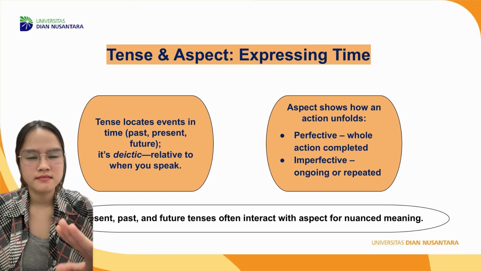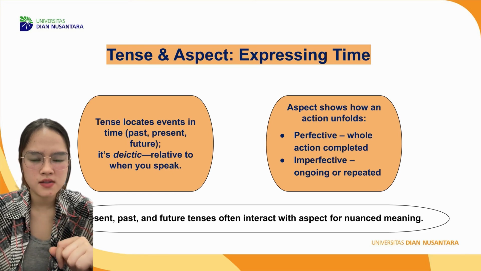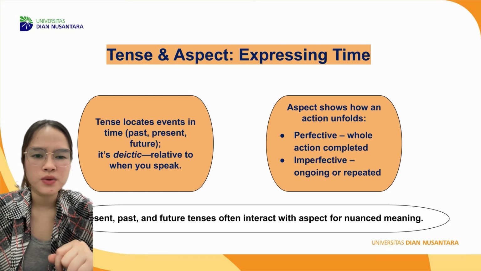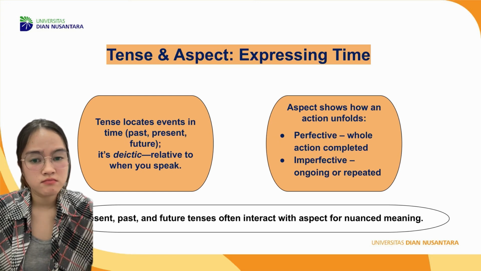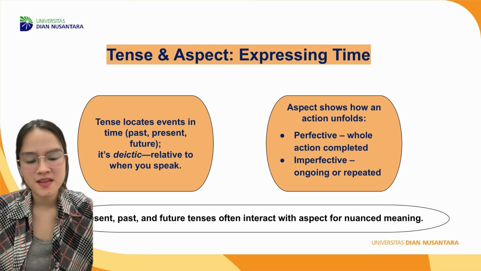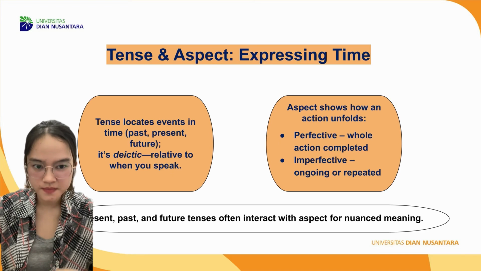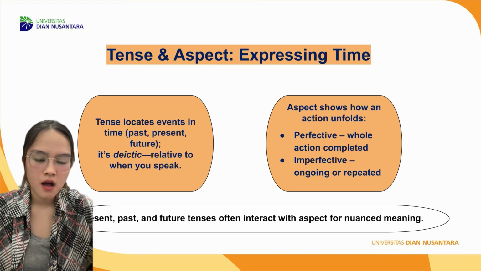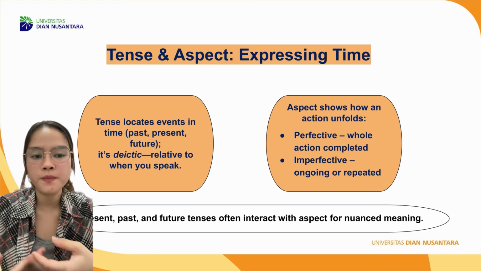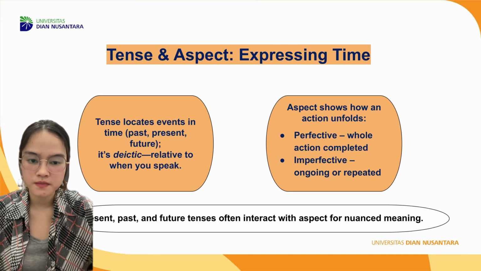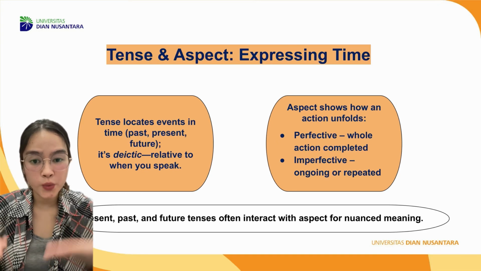And then when we ask, is that all we need to know? Not really. That's where aspect comes in. Aspect shows us how the action unfolds. For example, she built a house. It's already happened.